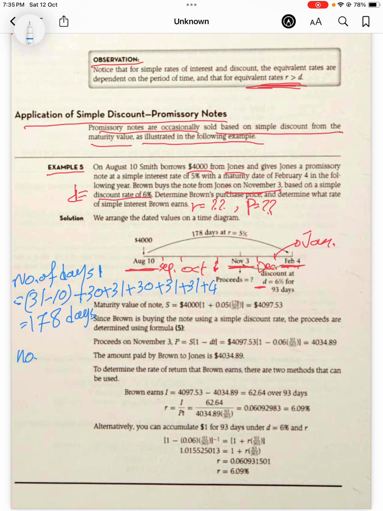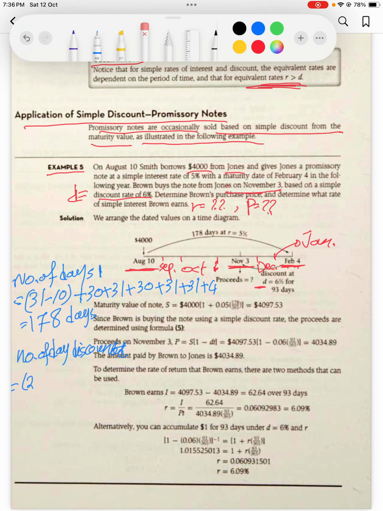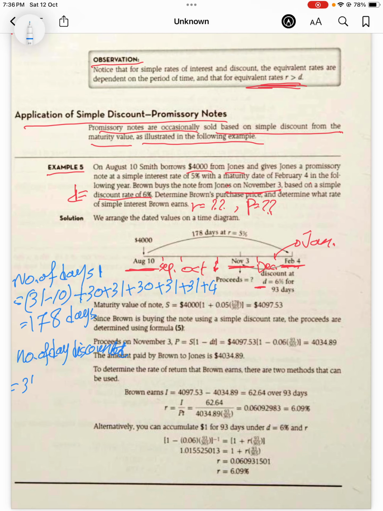But the number of days discounted equals, here you will have December, January, 31 plus 31, also you will have 4 plus 30 minus 3, which is how much? 93 days.